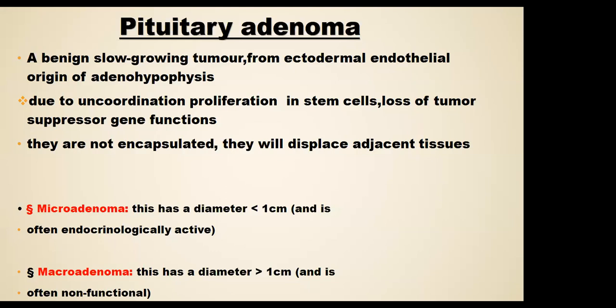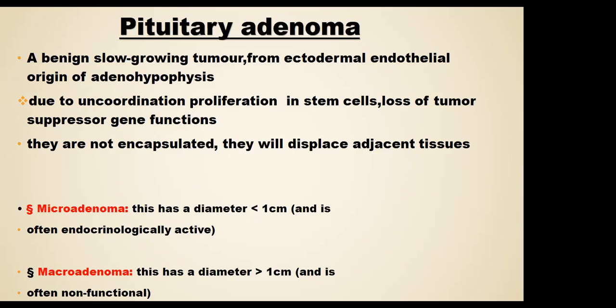They are not encapsulated. They will displace the adjacent tissue. There are two categories of adenoma: the microadenoma, less than 1 centimeter, which is mostly endocrinologically active, and the macroadenoma, which is more than 1 centimeter and often non-functional but with mass effect.